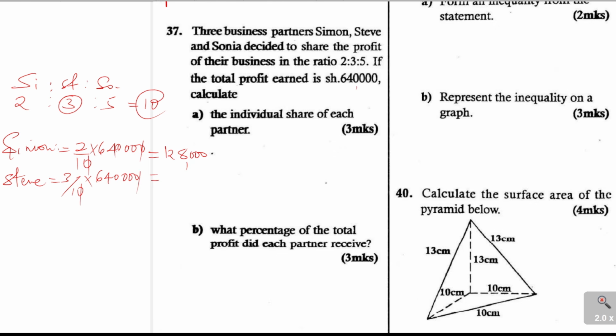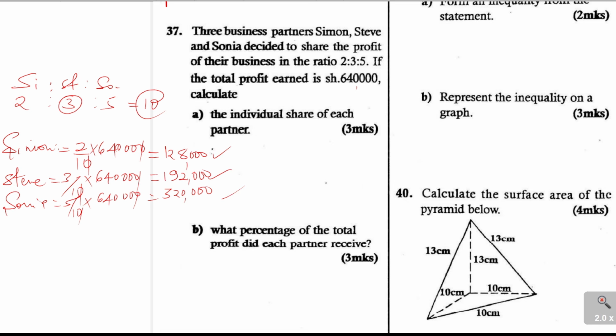This will be 64 times 3, which gives 192,000. And then the last one is Sonia: 5 divided by 10 multiplied by 640,000, which gives 64 times 5, 320,000. So that is the individual shares.